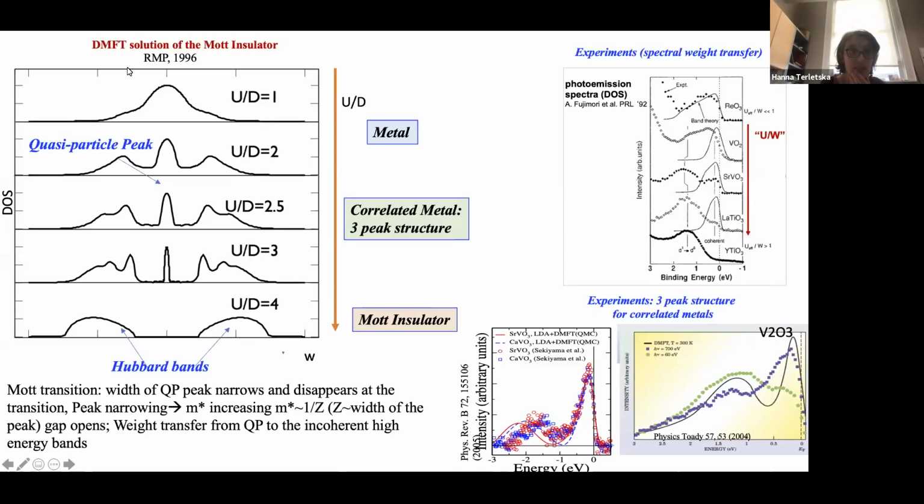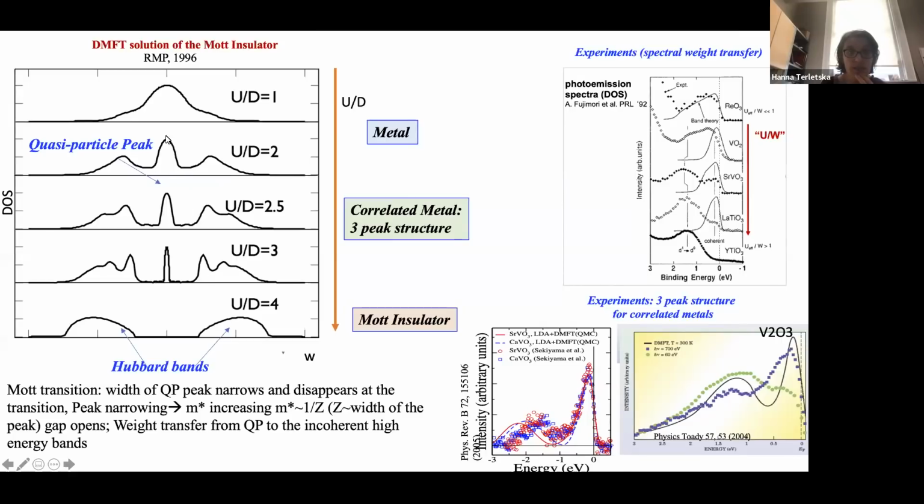Now let's take a closer look at how we go from metal to insulator. As we increase the interaction U over D ratio, this characteristic 3-peak structure develops in the density of states.